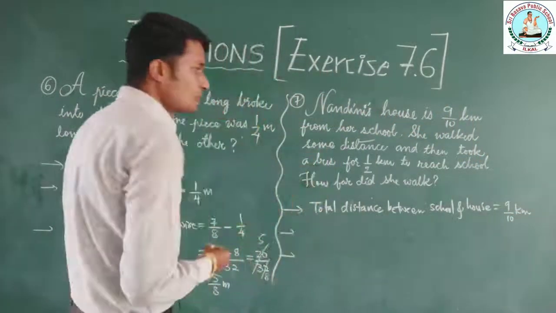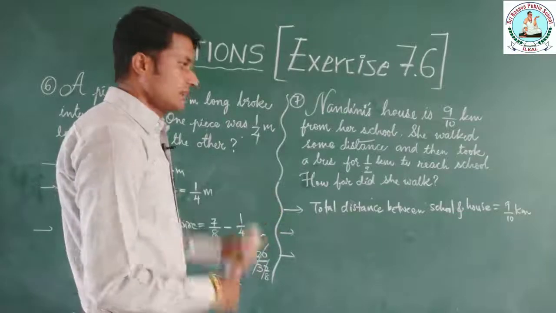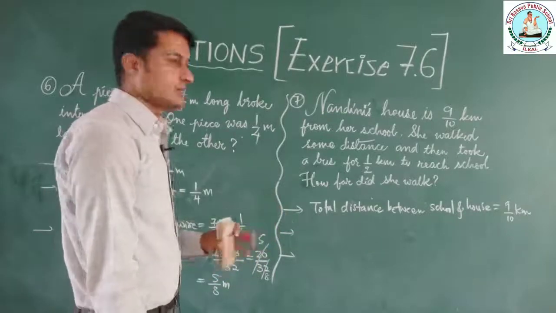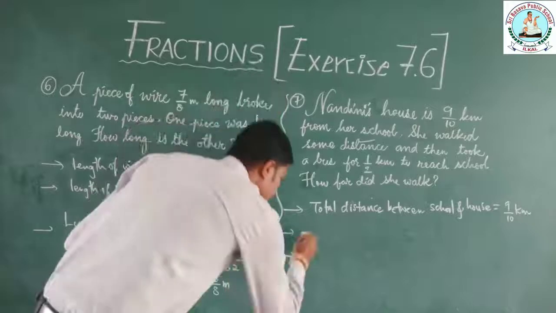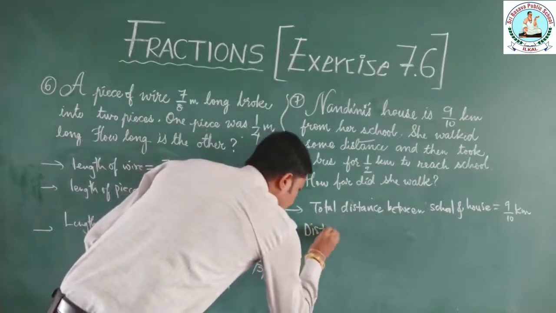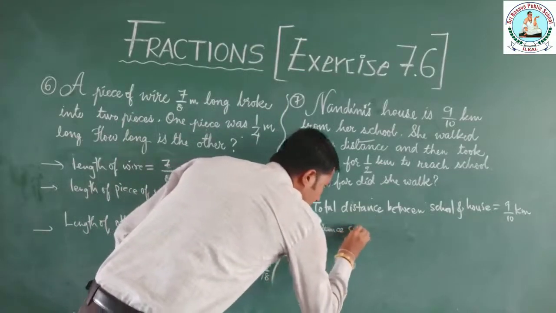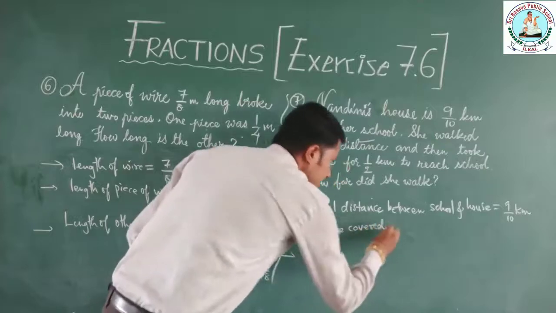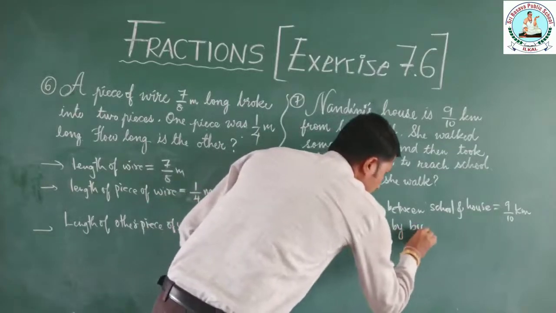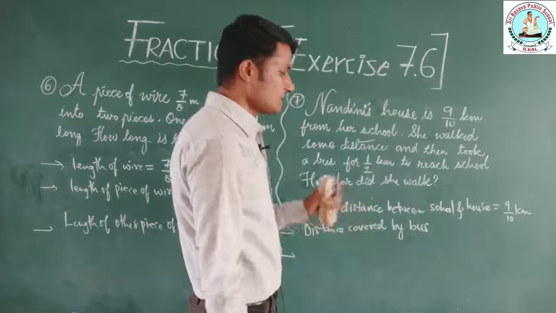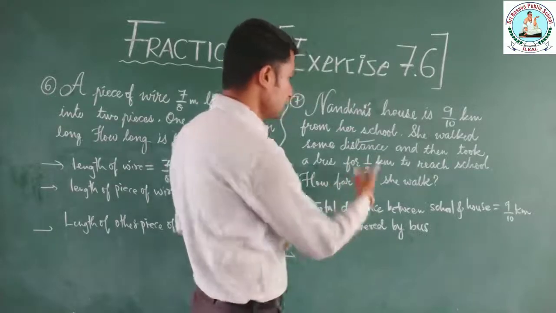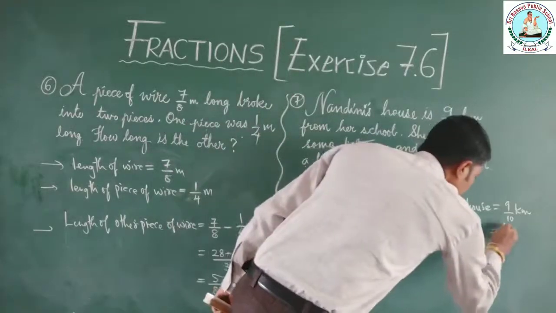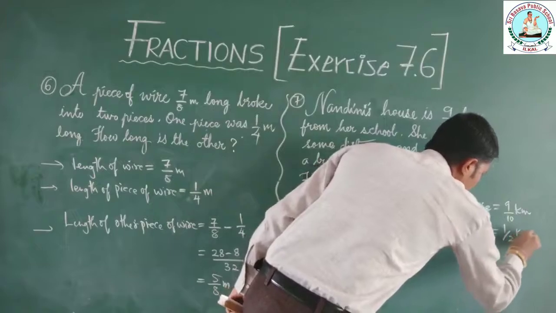Then the next sentence would be distance she covered with the help of bus, distance covered by bus to reach the school. So how much distance has she covered by bus? It is half kilometer. Write it here. So it is half kilometer.